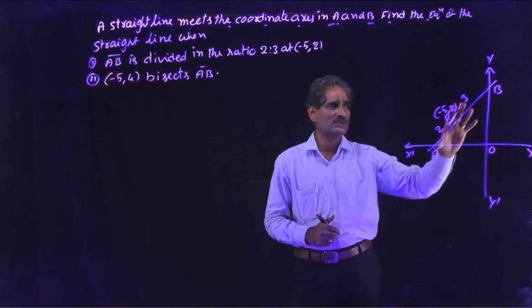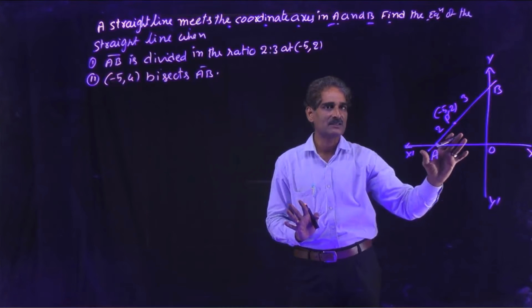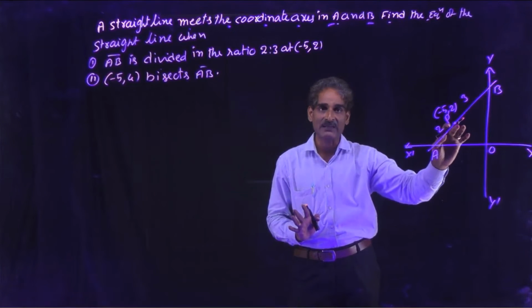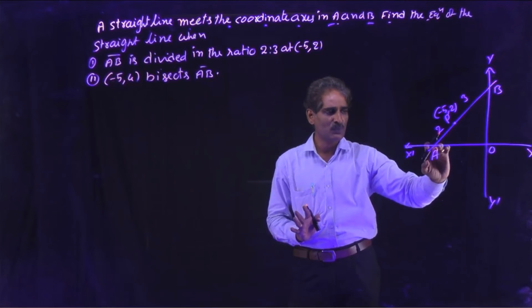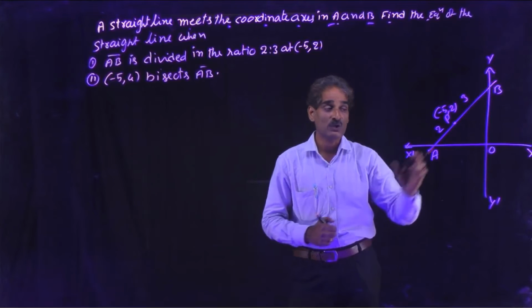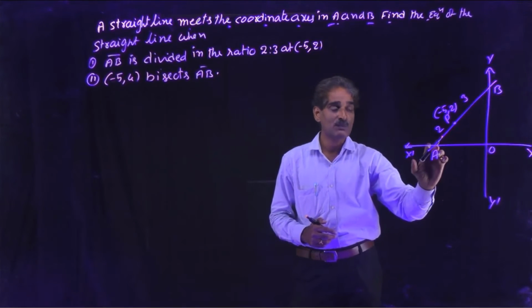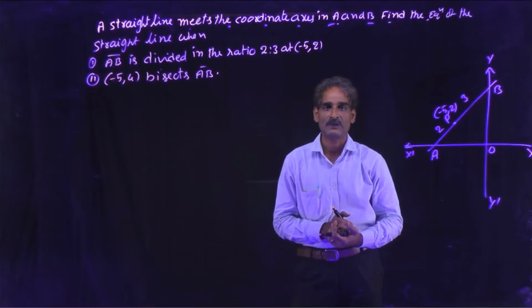Just observe that this line intersects the coordinate axes. We are given a point on this line and the ratio also. How can you apply the ratio? If the coordinates of A and B are known, then you can apply the ratio formula. So we have to assume A and B. This is a point on the x-axis, this is a point on the y-axis. Understand?